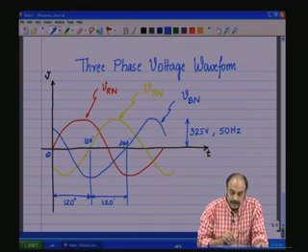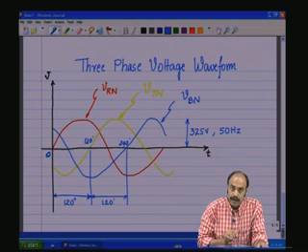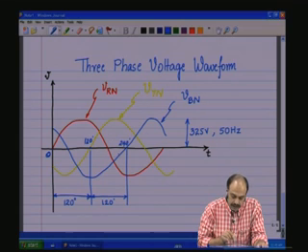So, except for the phase shifts, the wave shape of each of the phase of the waveforms are sinusoidal and same frequency and amplitude. Let us mathematically write down the equations for these 3 phases.